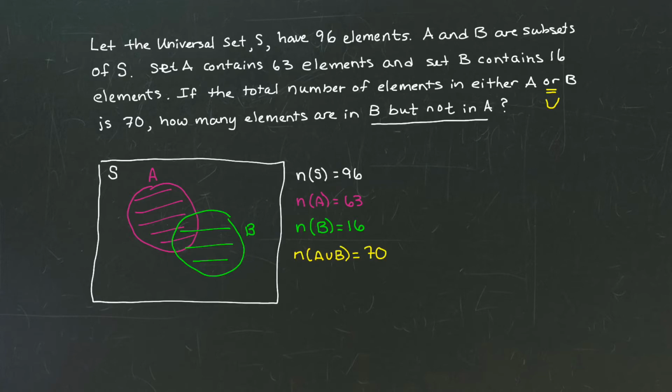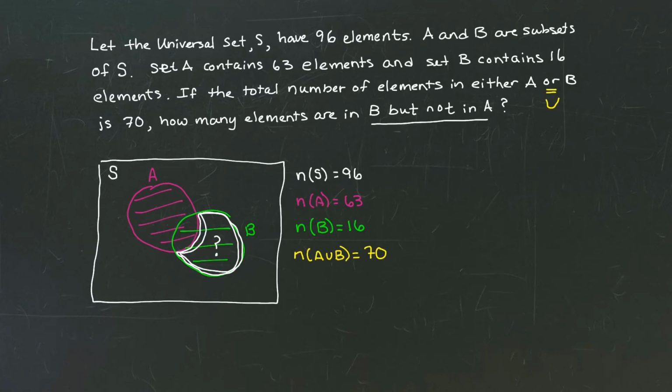Where is the set of elements that lie in B, but not in A? Do you see it's this portion right here? It's the portion inside of B, or in the green space, but not in the pink circle, right? This is the portion that we're looking for. We're trying to discover how many elements lie there.